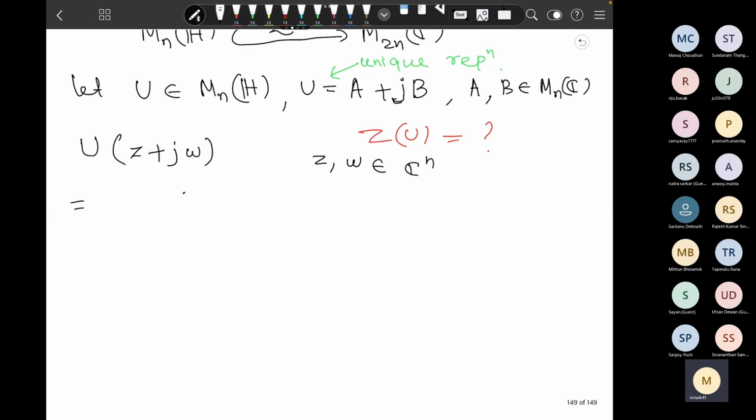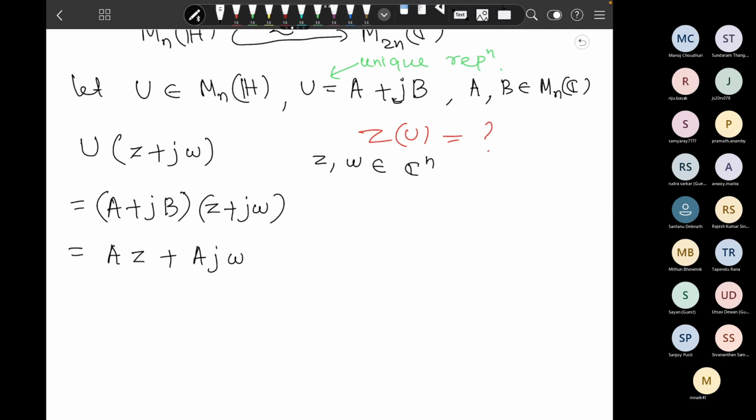So I will write this as A plus JB applied to Z plus JW. Now I simply write AZ plus AJW plus JBZ plus JBJW.